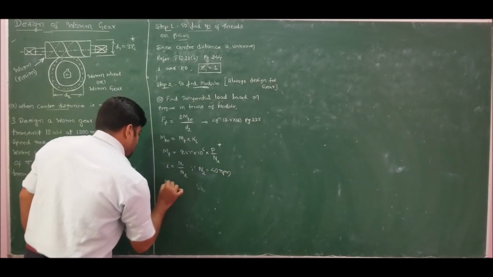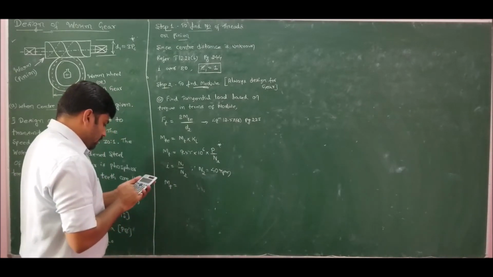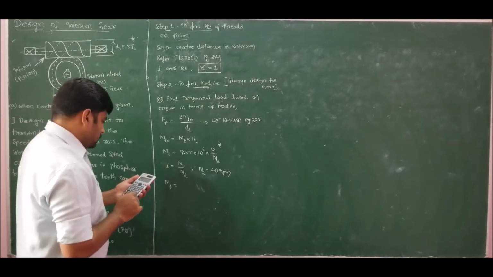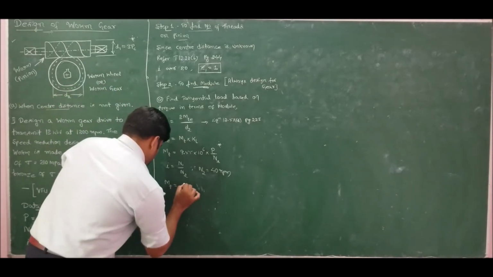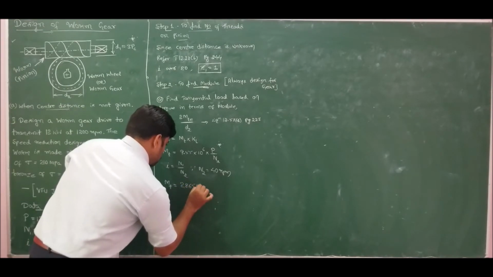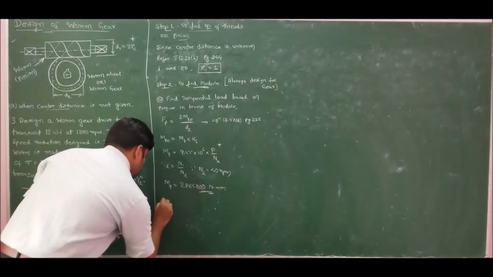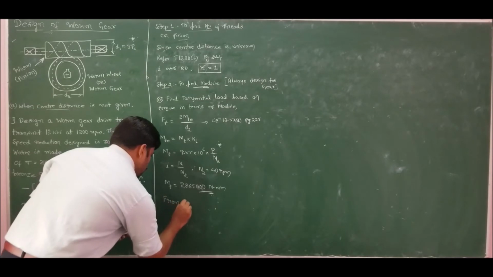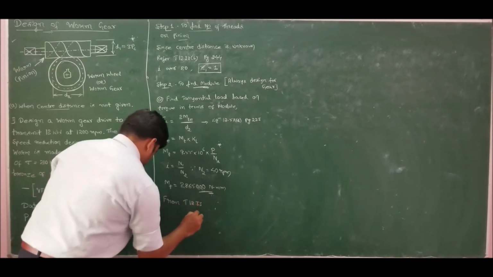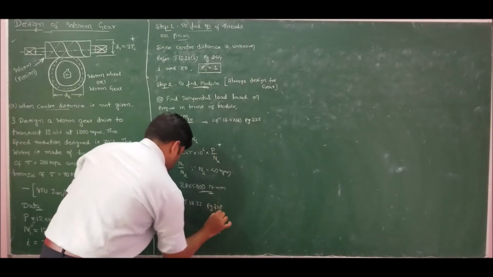So I can find the value of torque now, which is turning out to be 9.55 into 10 to the power of 6 into power 12 kilowatts divided by 40 RPM, which is 286,500 Newton millimeters. From table 12.33, referring to page 248.